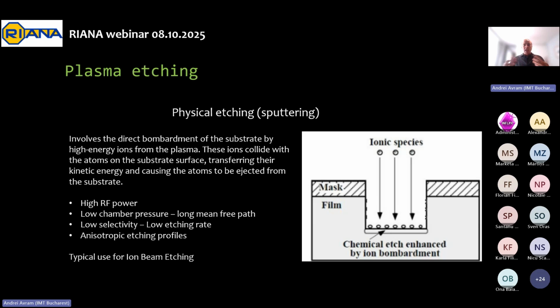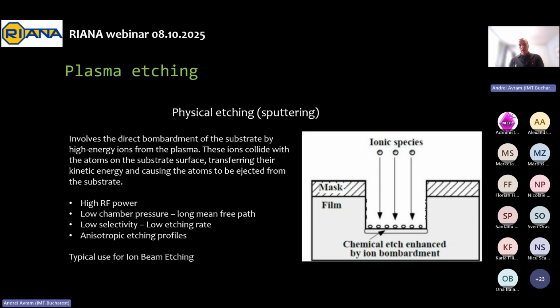So plasma etching, how do we use this medium to actually etch, to pattern our substrates, our thin films? So as I've said, you have a mixture of different kind of species inside the plasma. So for example, you can use the ions generated inside the plasma and you can accelerate them towards a substrate.